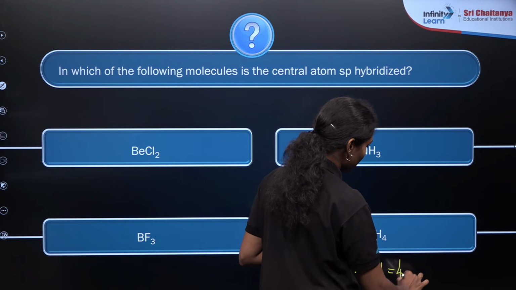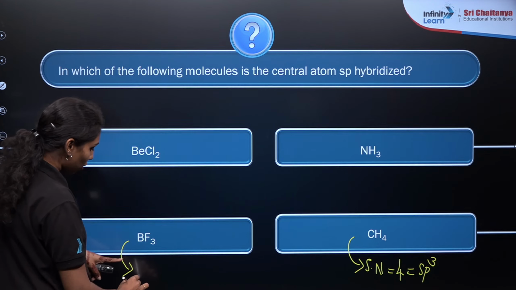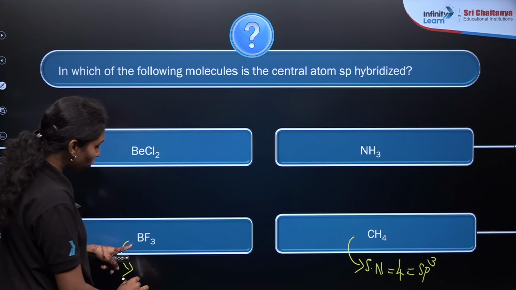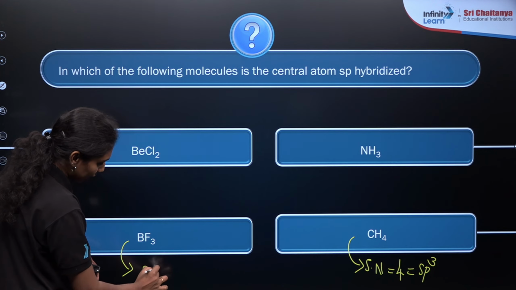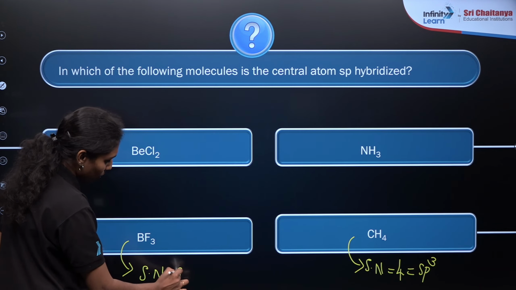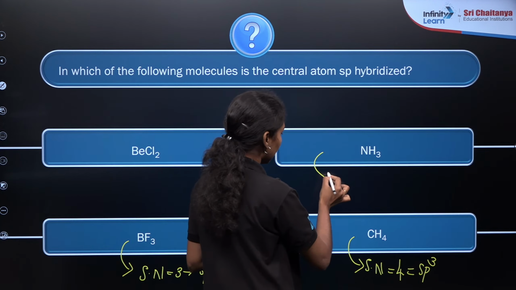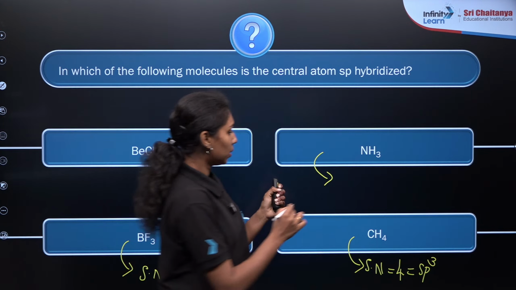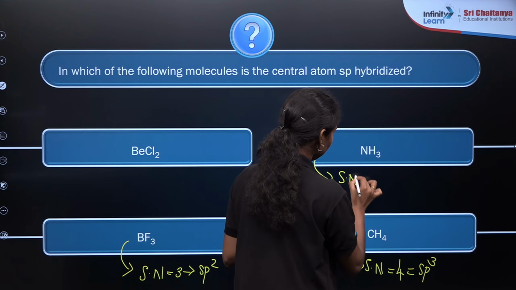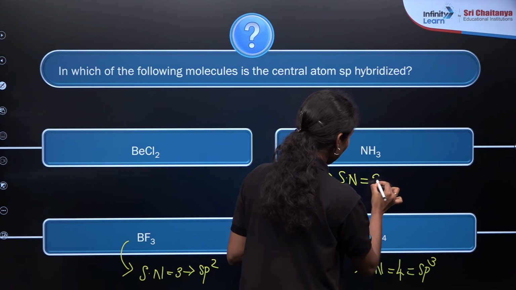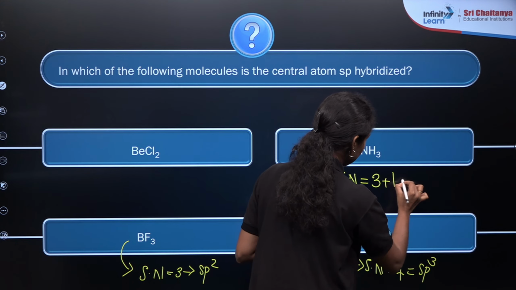Then in the case of BF3 molecule, as we already know, boron has 3 valence electrons, so steric number is equal to 3, which means sp2 hybridization. In the case of NH3, nitrogen will have 1 lone pair, so 3 sigma bonds plus 1 lone pair is equal to 4 again.